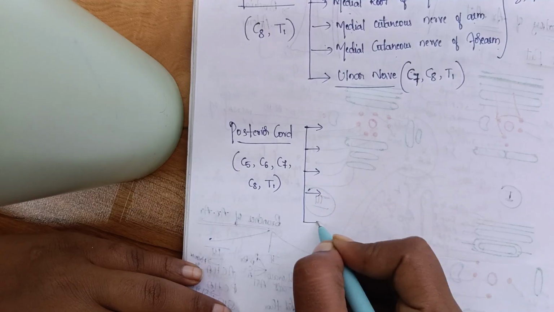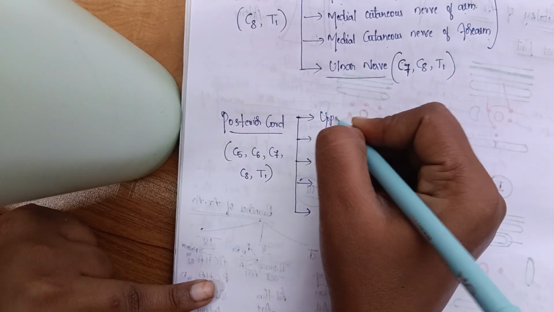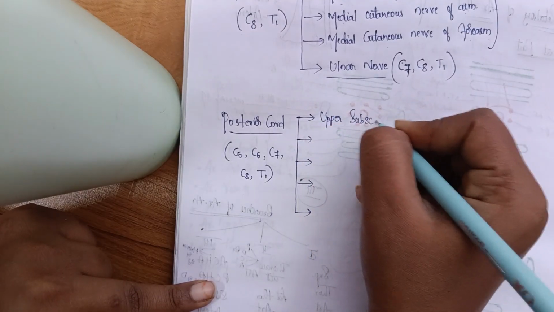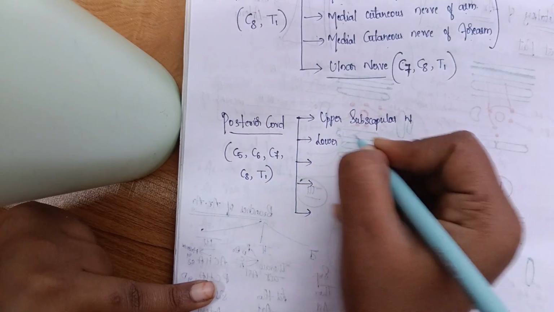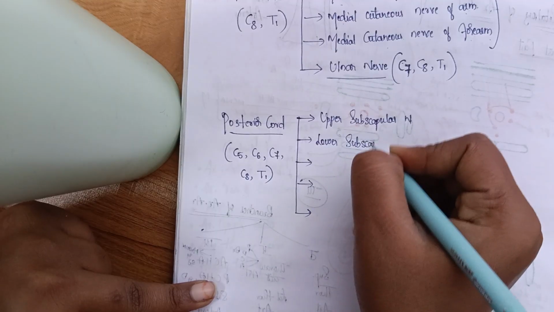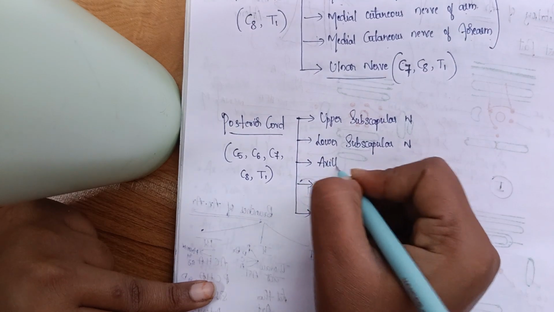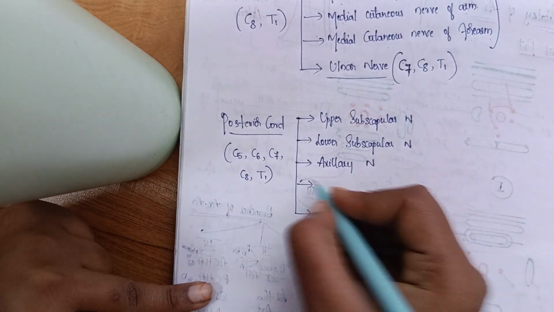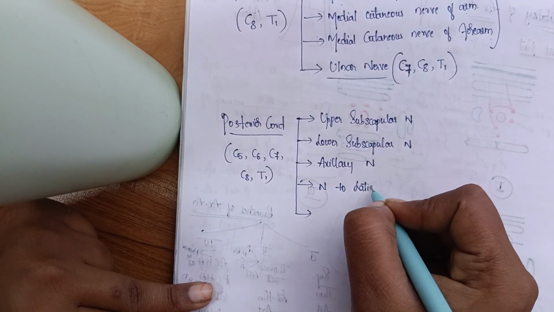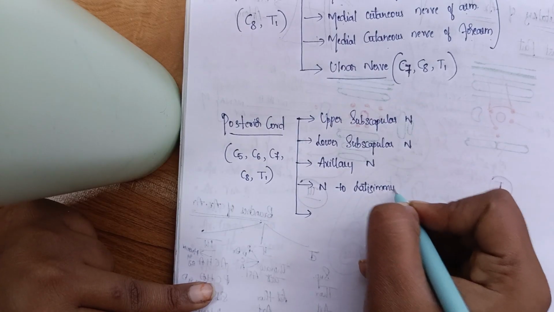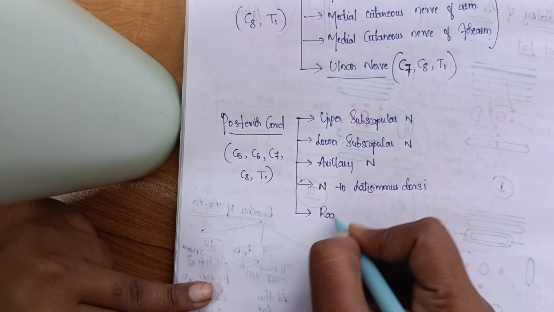First one is the upper subscapular nerve, lower subscapular nerve, then the axillary nerve, then the nerve to latissimus dorsi, and the last one is the radial nerve.